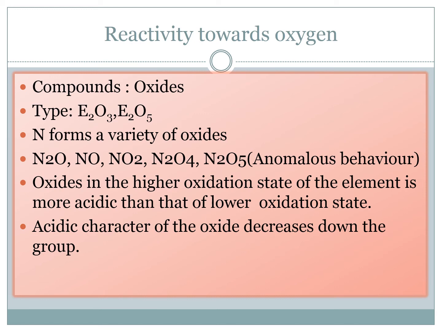However, the acidic nature of the oxide decreases down the group. The reason is that the non-metallic character decreases. Non-metal oxides are generally acidic in nature, whereas metal oxides are generally basic in nature.